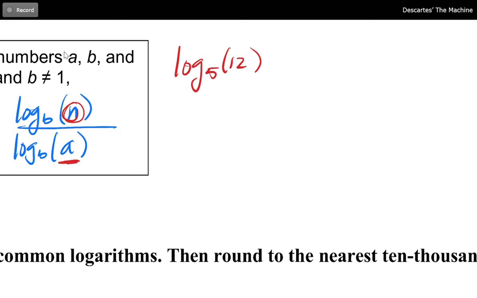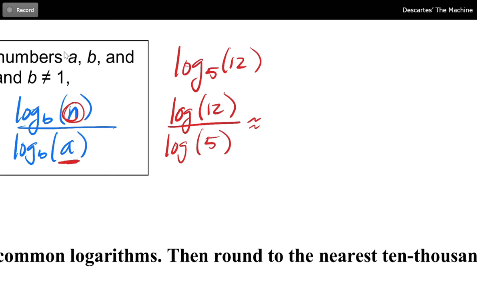I would make it a fraction of a new base: log base 10 of 12 divided by log base 10 of 5. And then I can do that on the calculator because I've changed them. Instead of base 5, I've changed it into base 10.